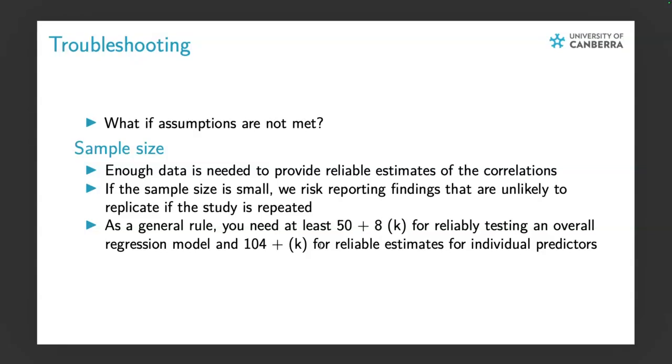But what do you do if you have, say, a regression that has so many variables that you actually don't meet the sample size? So enough data is needed to provide reliable estimates of the correlations. If the sample size is small, we risk reporting findings that are unlikely to replicate if the study is repeated. As a general rule, you need 50 plus 8 times number of independent variables for reliably testing an overall regression model, and 104 plus whatever number of independent variables for reliably estimating individual predictors.